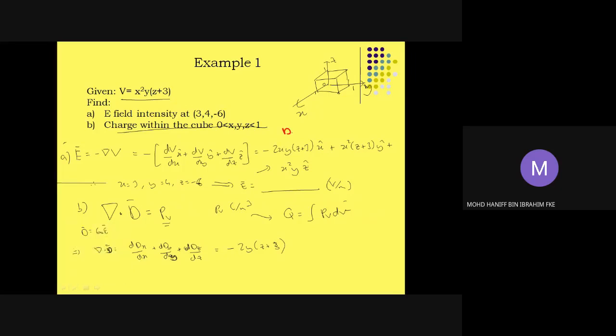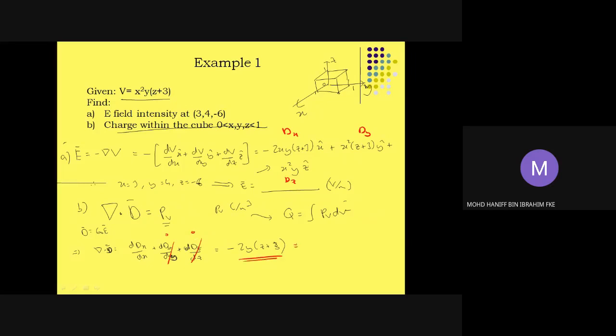If we differentiate Dy with respect to y, that will give us 0, because there are no y terms here. Similarly for Dz, when you differentiate with respect to z, this will also give us 0. So we only have this value for your divergence of D.